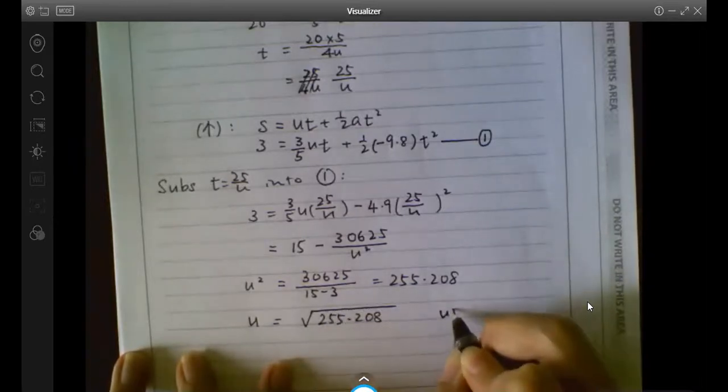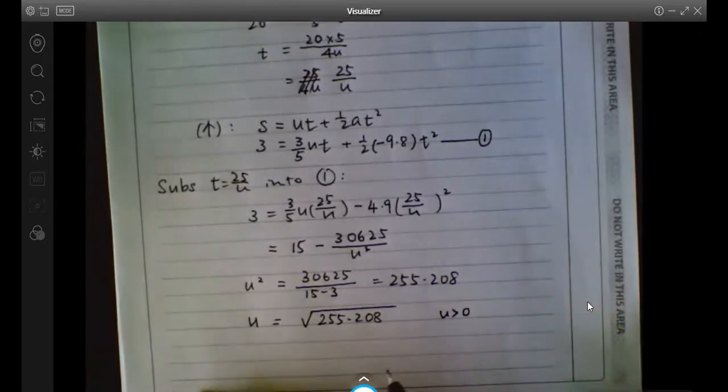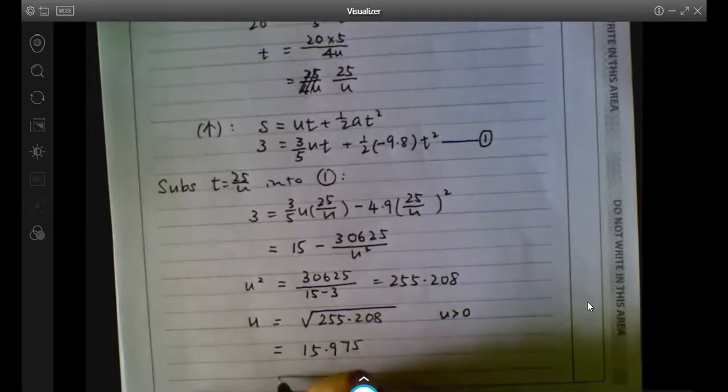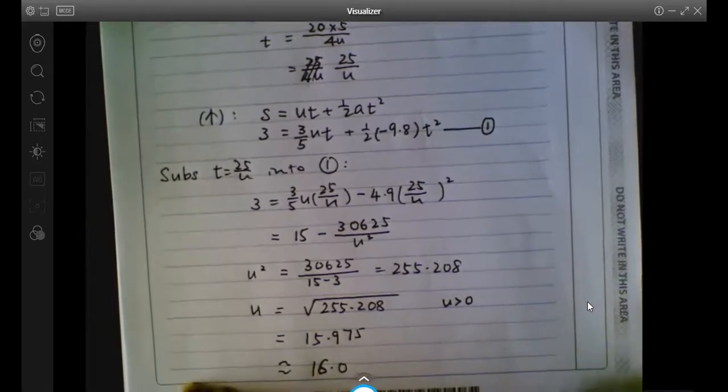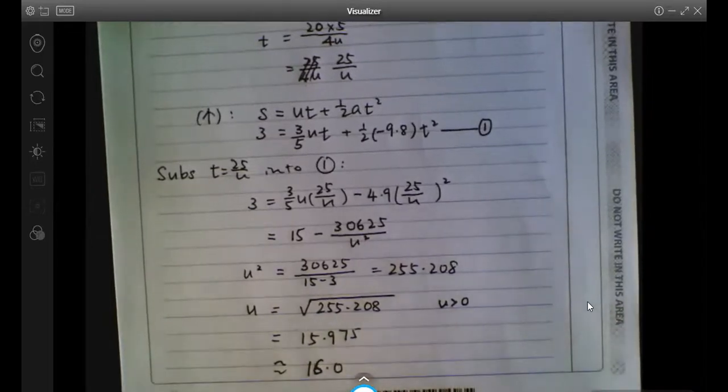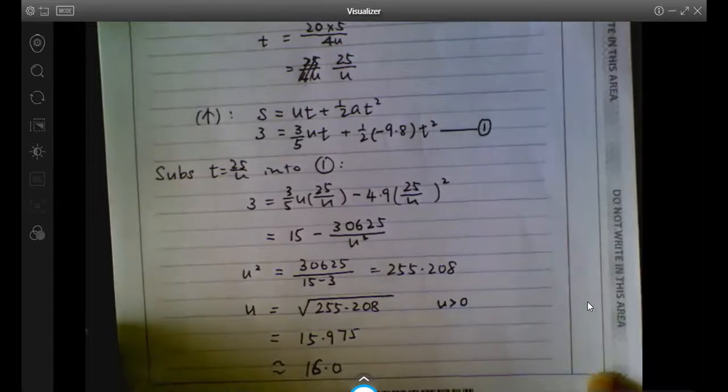Yes, it is positive. So 16.0. Let's go on.